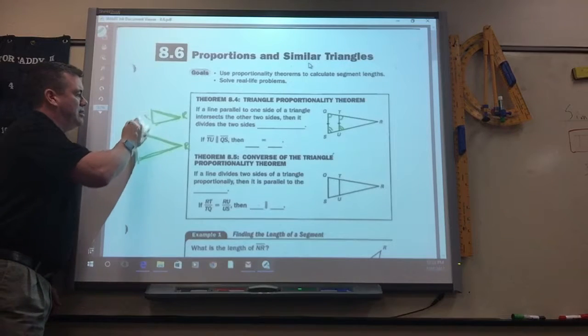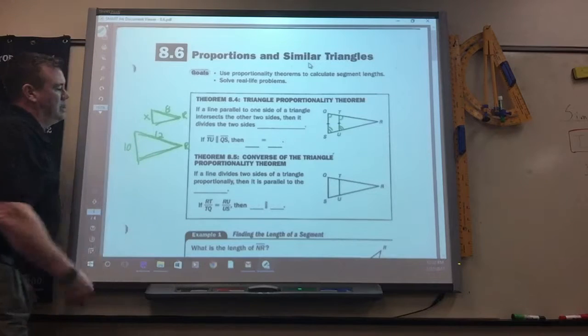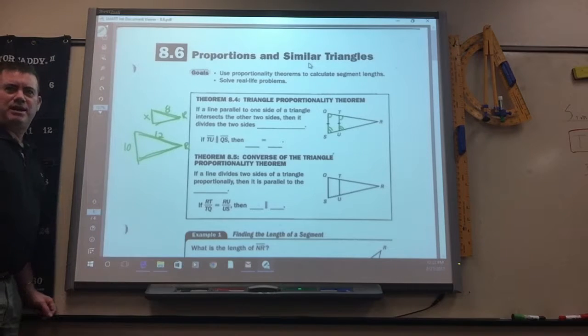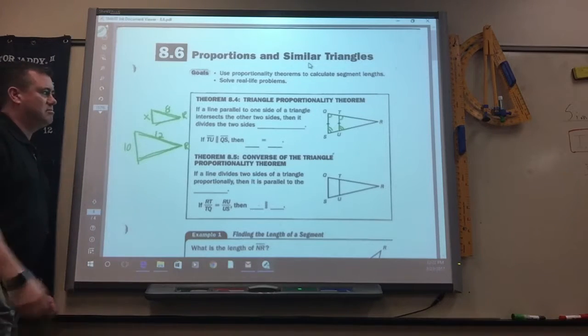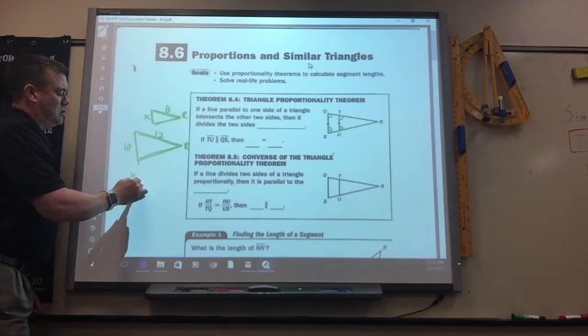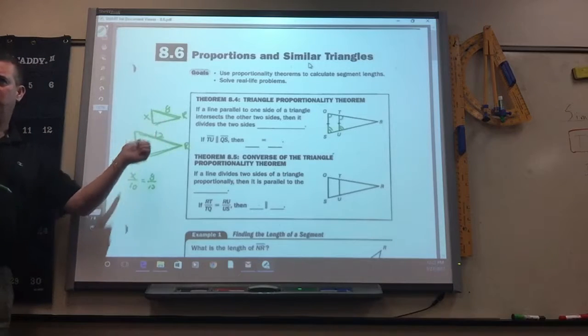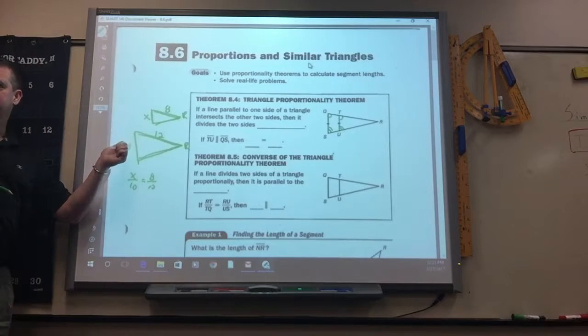So like if we had this, it'd be easy to write a proportion, right? X to 10 equals 8 to 12. Everyone can do these easier ones when they're separate, right? Yeah. Okay.